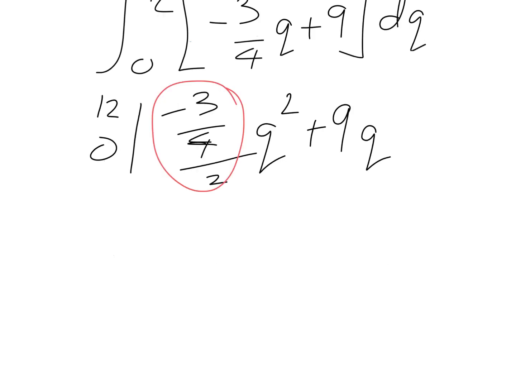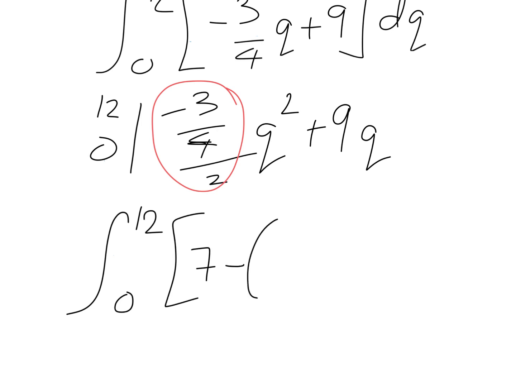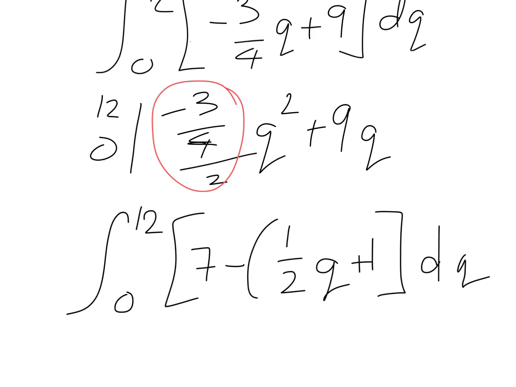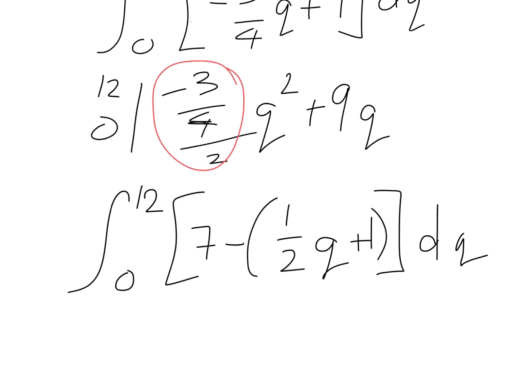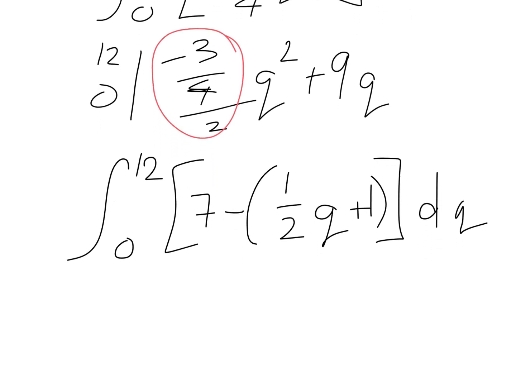Now, when we get to producer surplus, it causes an additional problem for students, and I'll show you why. The additional problem is students sometimes will simply drop the brackets without changing the sign here or putting that negative sign across both of those terms.